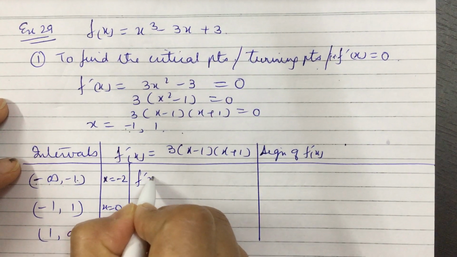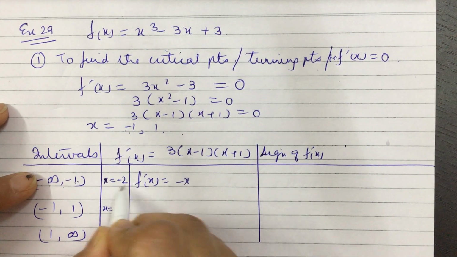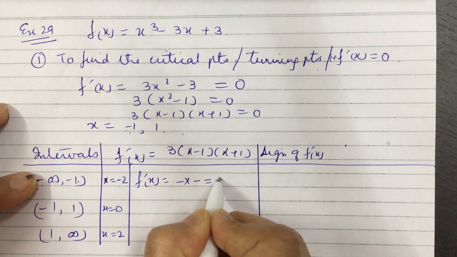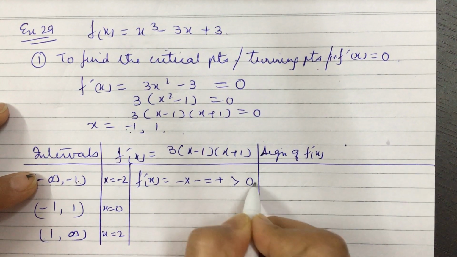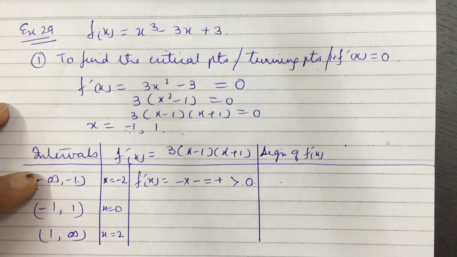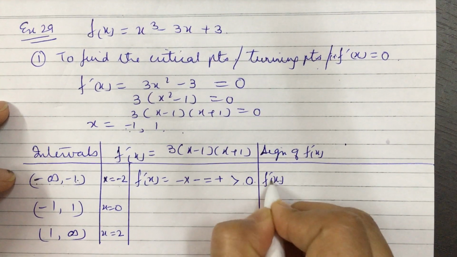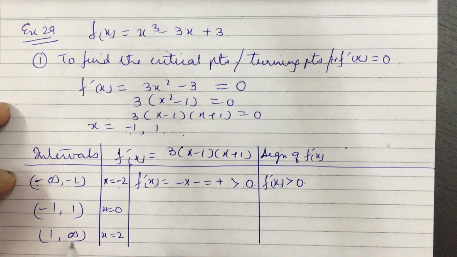Now, f dash x at minus 2: minus 2 minus 1 is negative, minus 2 plus 1 is also negative, which gives a positive, so f dash x is greater than 0. So it is increasing.